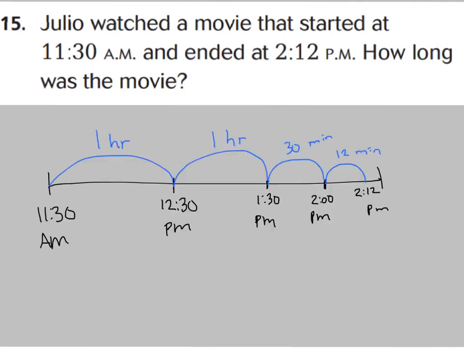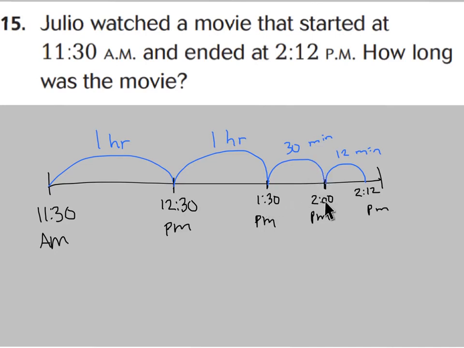Okay, if you look right here at my model, I have my start time as 11:30 a.m. and my end time is 2:12 p.m. I made one jump for 1 hour, which took me to 12:30 p.m., and a second hour took me to 1:30 p.m. I knew I could not do another third hour because that would take me to 2:30, and it doesn't end at 2:30. So I went ahead and jumped just a half an hour.